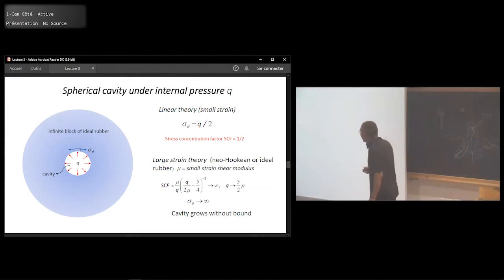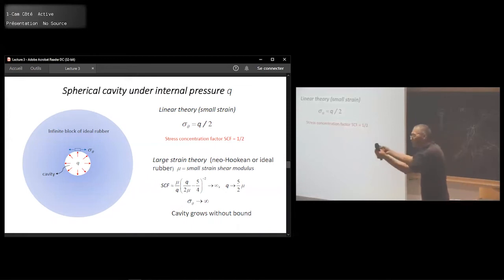Let's look at what the classical linear elastic solution tells us. The stresses are the highest at the edge of the hole, which makes sense. You have a hole in an infinite solid, and you're pressurizing the hole with pressure Q. That's the loading configuration. What you'll find is that there's a hoop stress stretching the material, because the sphere wants to expand.